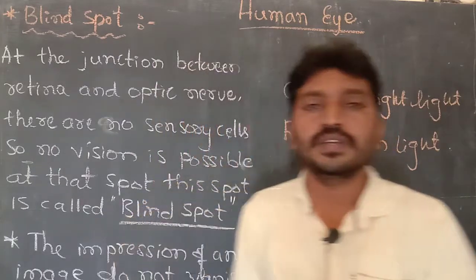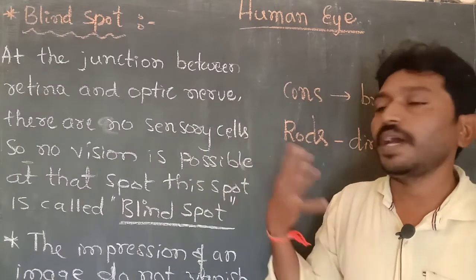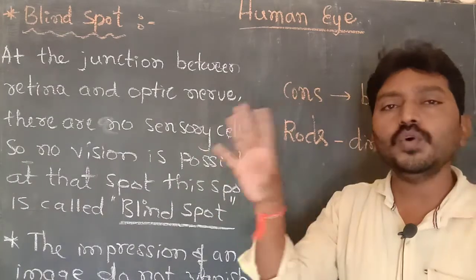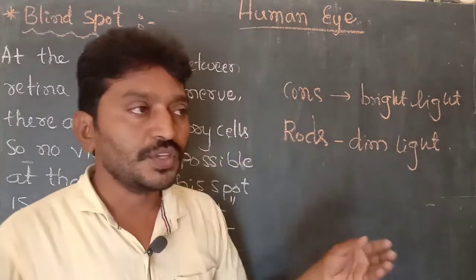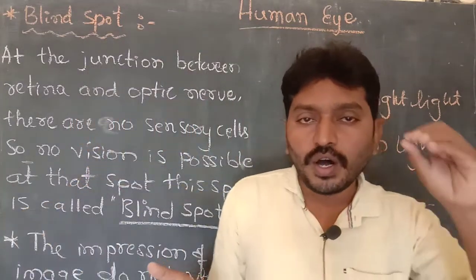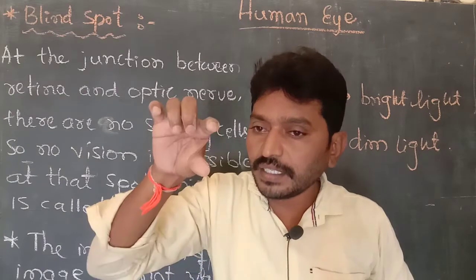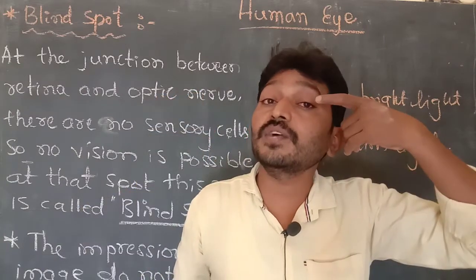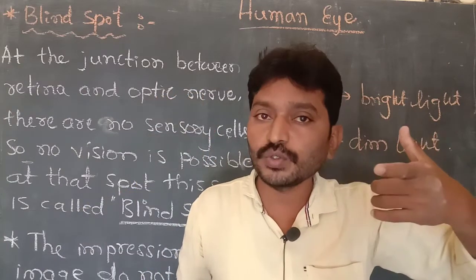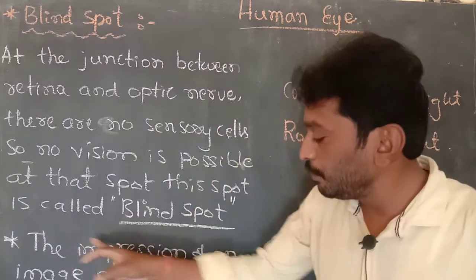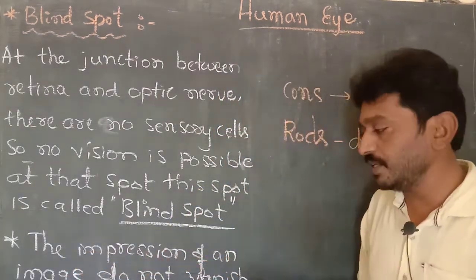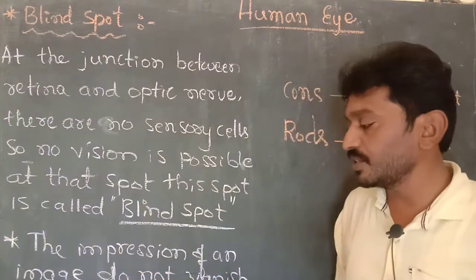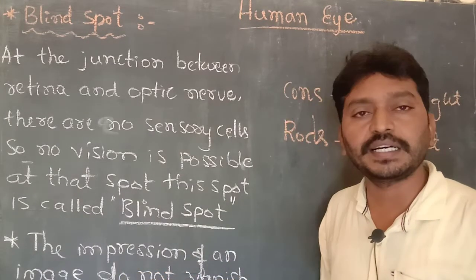But now, we see a variety of objects in our surroundings, right? Do you know how much time an image stays on our eye? The impression of an image does not vanish immediately from the retina.